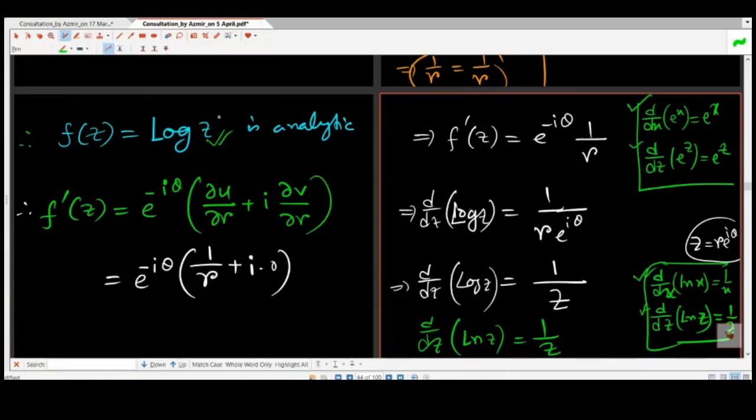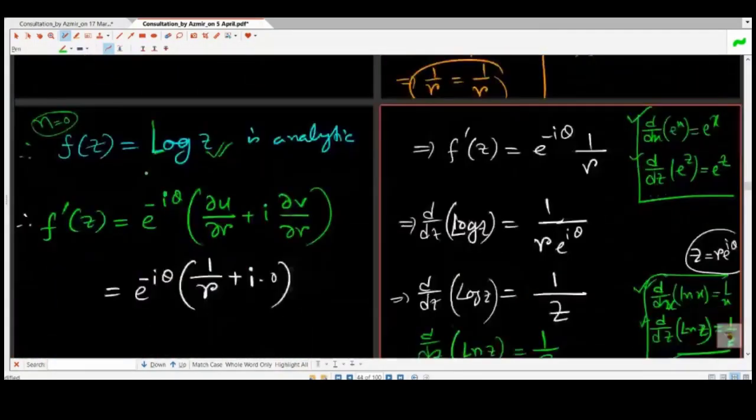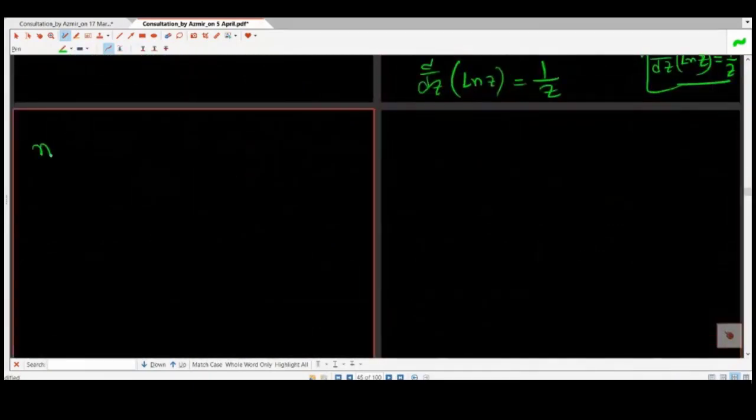So this function is analytic because it has been made a single valued function. We have taken n equals 0, and that's why we have found capital LOG of z. So that's why this function has become analytic. Similarly, if we take another single valued complex logarithmic function, let's say for n equals 1, we'll get another log.